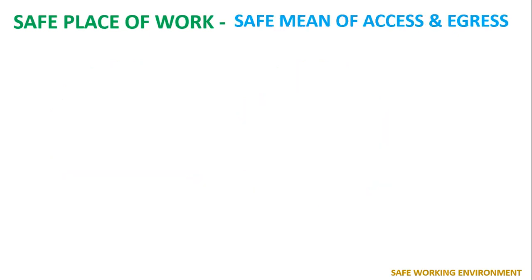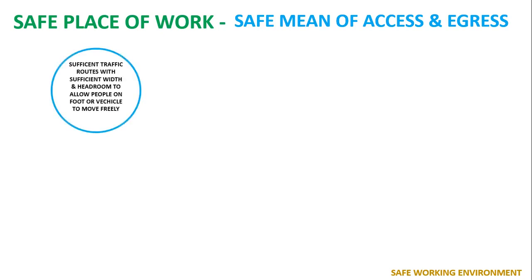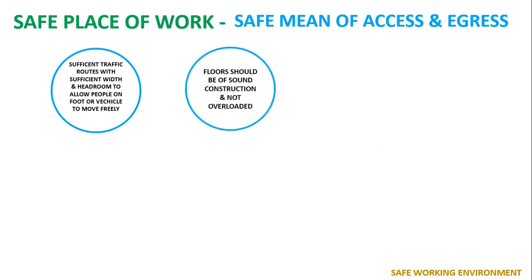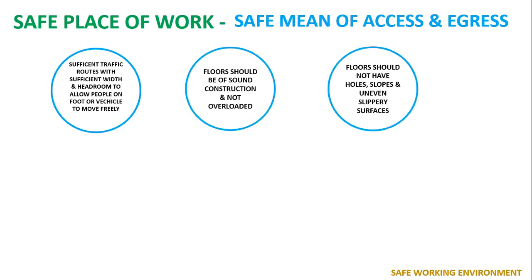Now the next requirement for the safe place of work is the safe means of access and egress. There should be sufficient traffic routes with sufficient width and headroom to allow people on foot or vehicles to move freely. Floors should be of sound construction and not overloaded, and should not have holes, slopes, and uneven slippery surfaces.